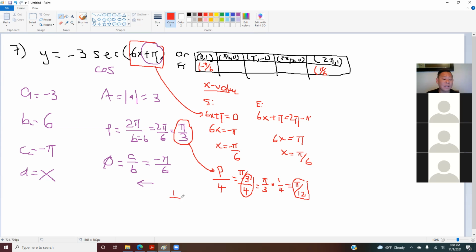So if I ask you what is pi over 8 divided by, let's say, 4. Anyone know what is pi over 8 divided by 4? Pi over 32. Yep, pi over 32. This is the fastest way to do it. So you just take 8 times 4. But what happens when you have pi over 8 divided by 1/4?